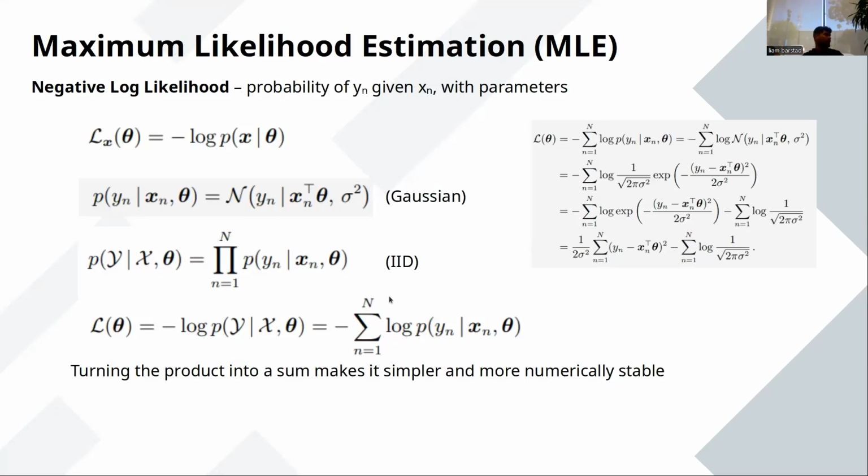So if you take a log of that, you turn it from a product into a sum. If you imagine you have a very small probability, like 0.0001, of a data point having a particular value, and you try to multiply them all together, you're going to get a really, really, really small number.